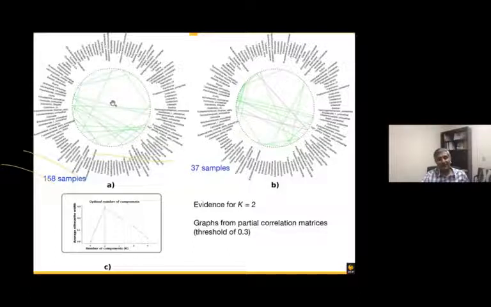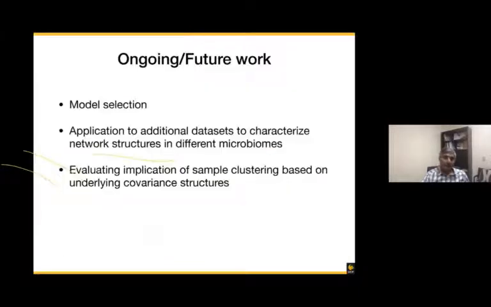And again, the point being that the bacterial associations in these different groups are quite different as well. So this was sort of a proof of concept, if you will, that then enables us to start looking at what the different networks are and trying to really tease out the biology associated with these microbial associations and how they change between different groups and different disease conditions, if you will.